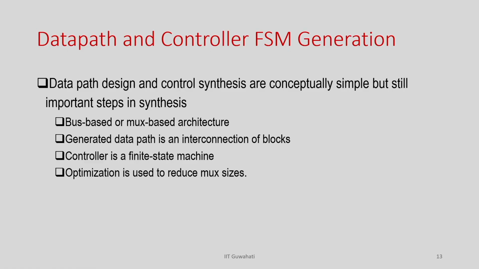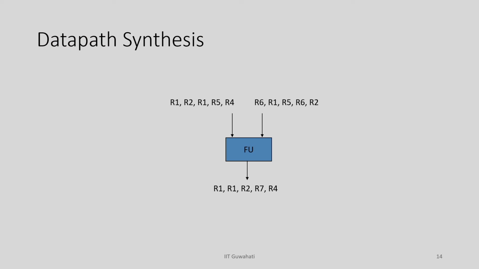Once this allocation and binding happen, the next phase is kind of conventional but important: you have to make the data path, right. You have how many function units there are, how many registers there are, and you have to make connections. Because this FU is getting shared, performing multiple operations in multiple time steps, its inputs may be different.